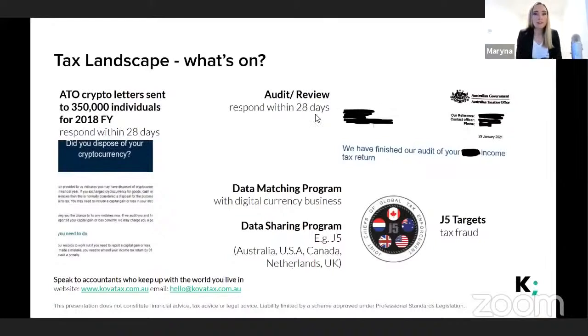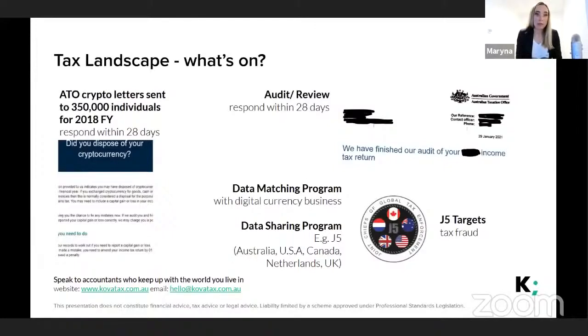Hopefully no one on our masterclass tonight has to know anything about this, because it is about serious involvement in trying to move money away from Australia or from other countries. These countries are exchanging information on cryptocurrency.